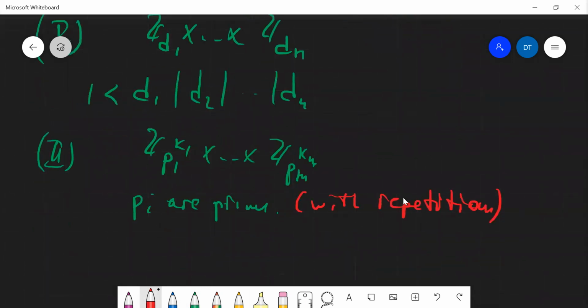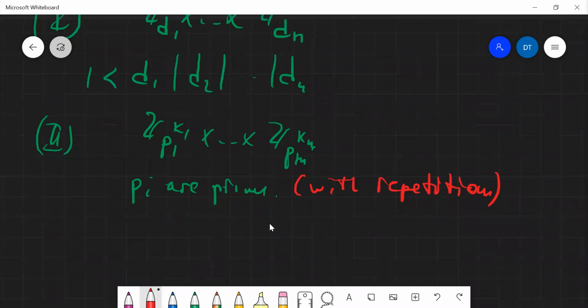And this form is unique up to change of the order of factors. For example, you may write Z2 times Z3 or Z3 times Z2. It doesn't matter. So let me demonstrate how to use this on a specific example.